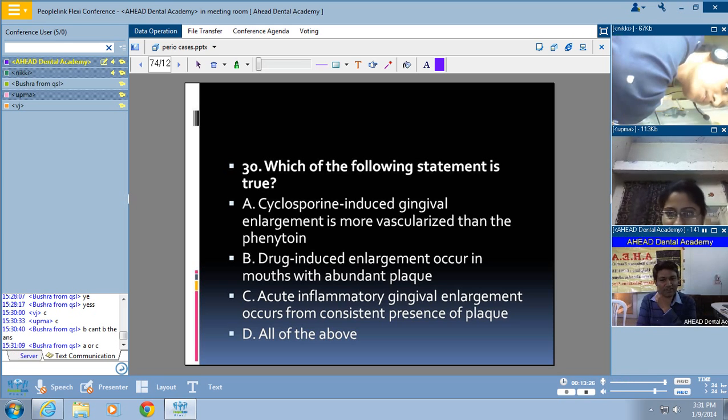Which is false? Is acute inflammatory gingival enlargement consistent with presence of plaque? Think about it. Or is cyclosporin-induced gingival enlargement more vascularized than the phenytoin ones?